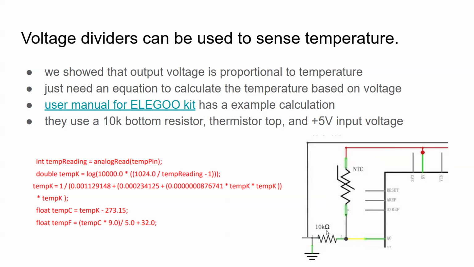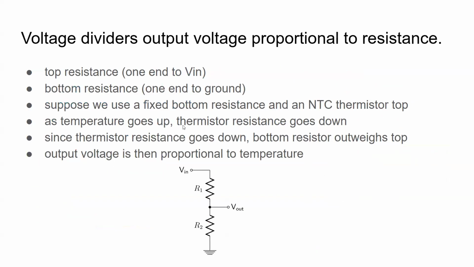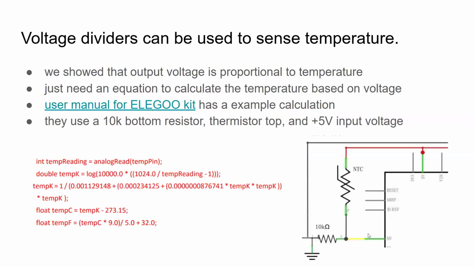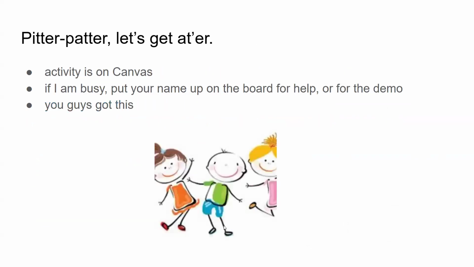It also goes through a 10 kilo ohm resistor back to ground. So from the user manual, this is exactly the voltage divider, where instead of V out, it's tied to the analog pin. We've created a voltage divider with an output voltage proportional to temperature, so now we can measure temperature and use that.